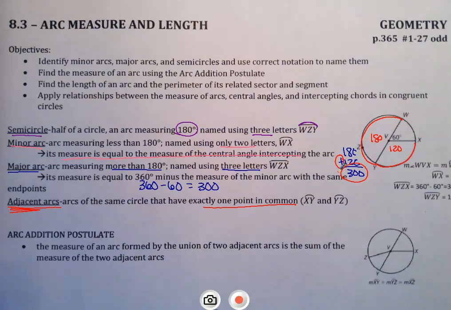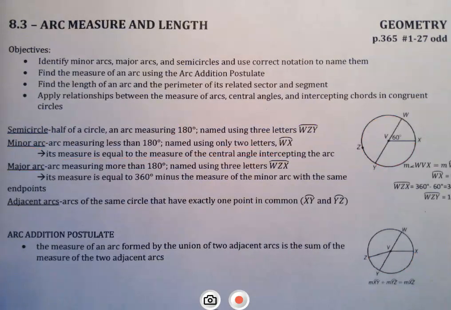It's the same thing as the angle addition postulate. We're just adding them. It's nothing new or different. So this example is saying the measure of XY plus the measure of YZ is going to give you the measure of XZ. Does that make sense? Nothing super brand new.